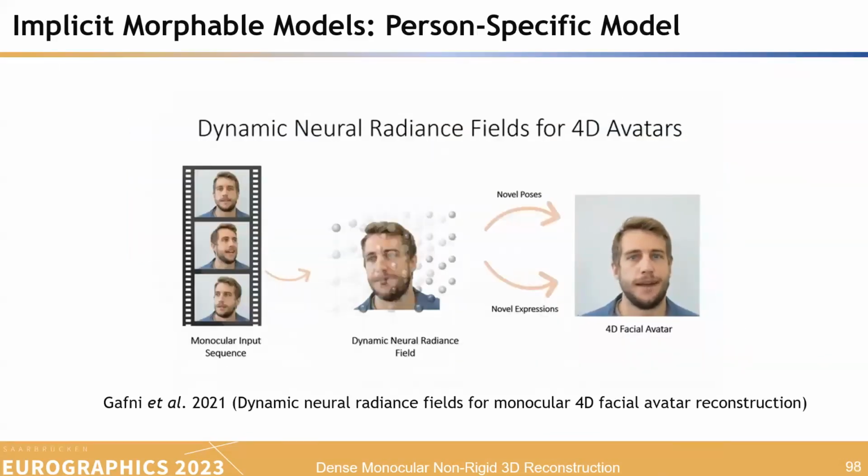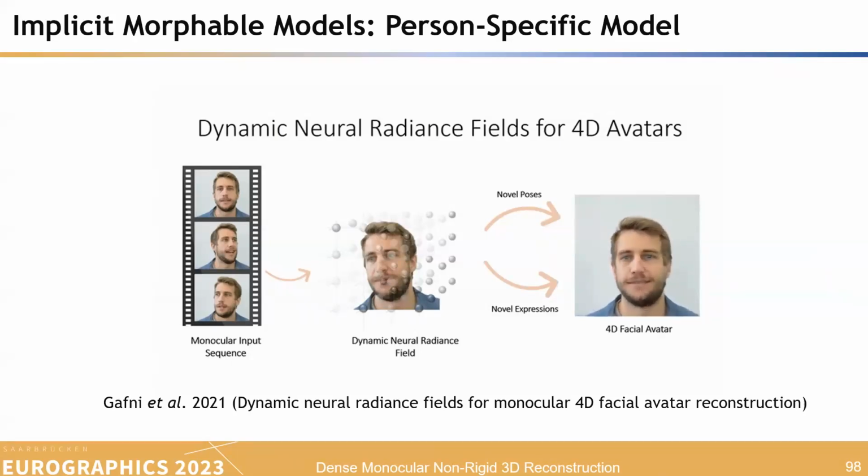Similar to explicit models, there are also methods that rely on implicit representations to get high quality 3D models for person-specific models, given a monocular video as input. They again use explicit 3D models to get the pose information and learn the rest of the information in an implicit representation.